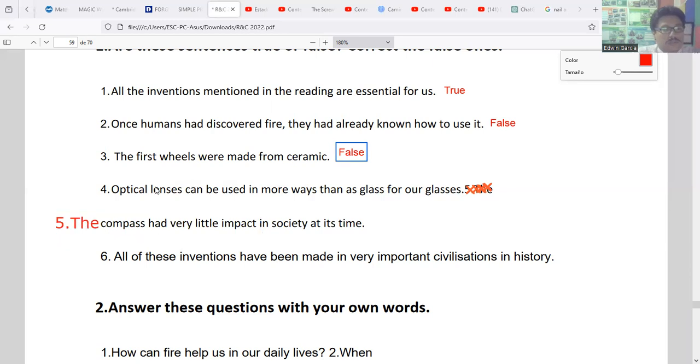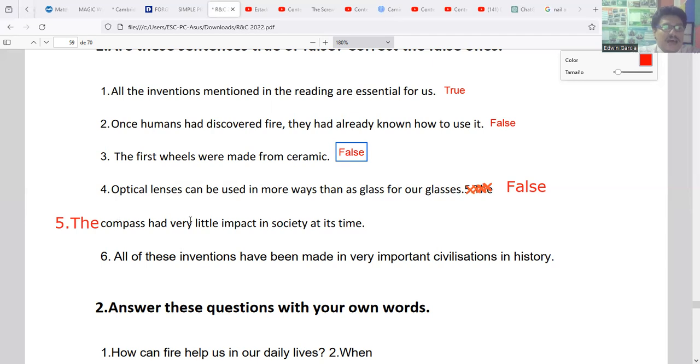Los lentes ópticos solo se usan para nuestros anteojos. It's false. Not just for that. Hay muchas más aplicaciones.